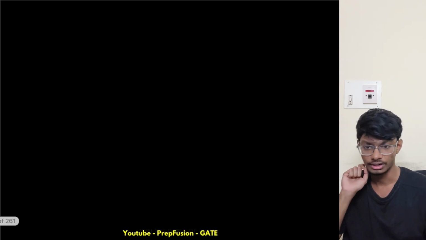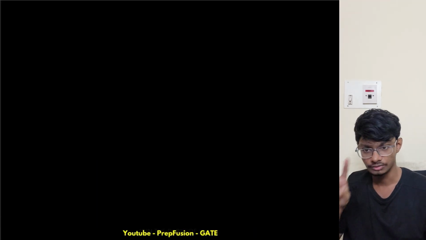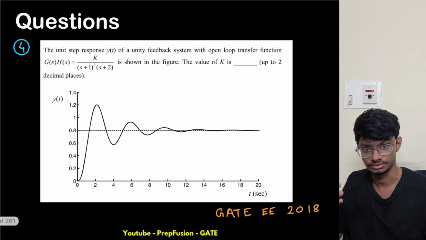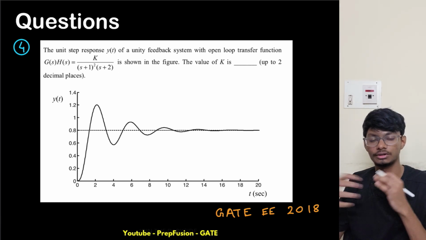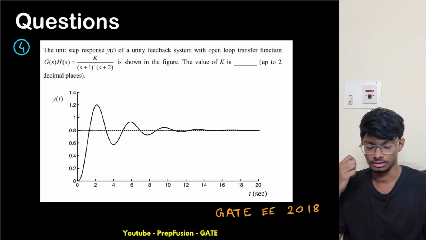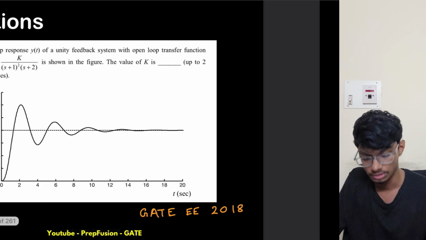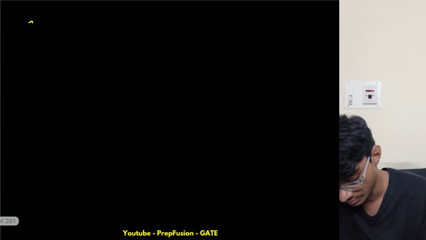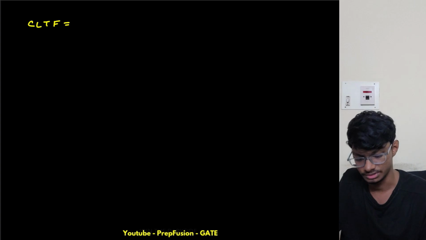So basically, first I will write the closed loop transfer function. That's how I will find the relation between input and output. At input I am giving a step, so let's see what I am getting at the output. My closed loop transfer function, CLTF, equals GH of s upon 1 plus GH of s.